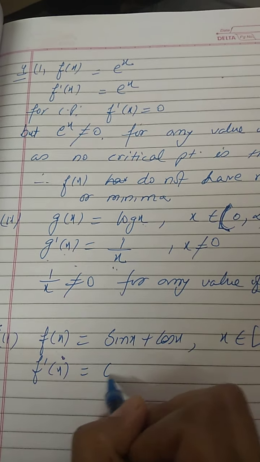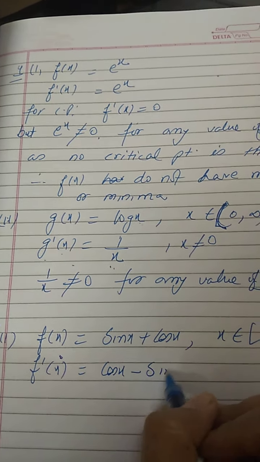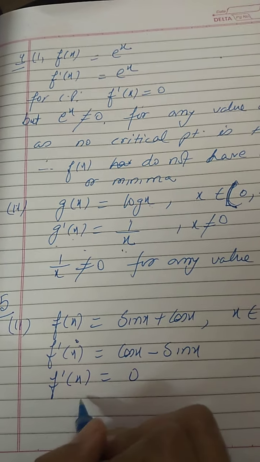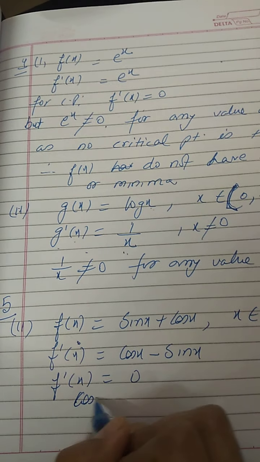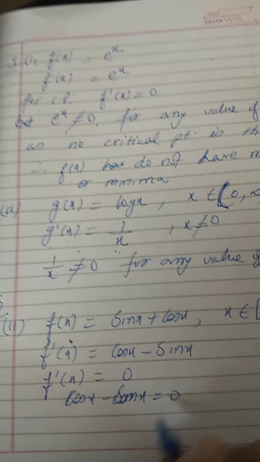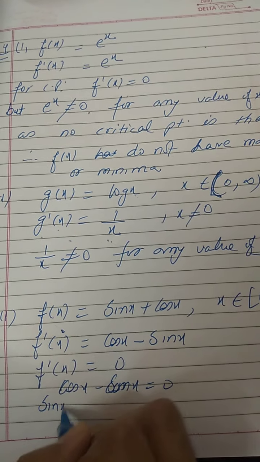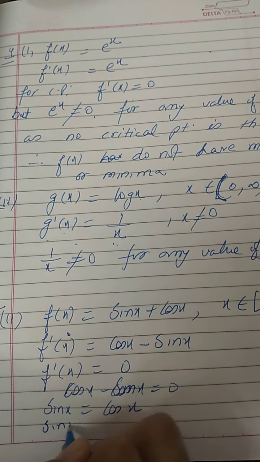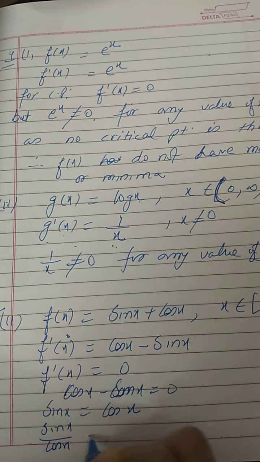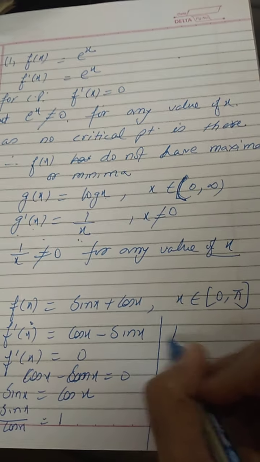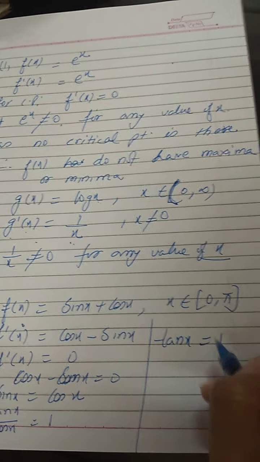First of all, sin derivative is cos, cos derivative is minus sin, and when we equate the derivative to 0, that is cos x minus sin x is 0. It means sin x is equal to cos x, and it means sin x upon cos x is 1, so tan x is equal to 1.